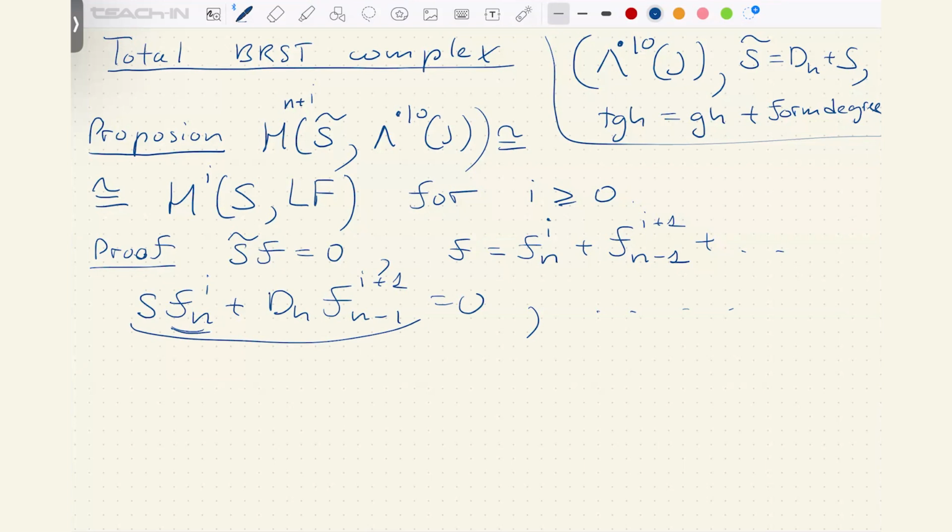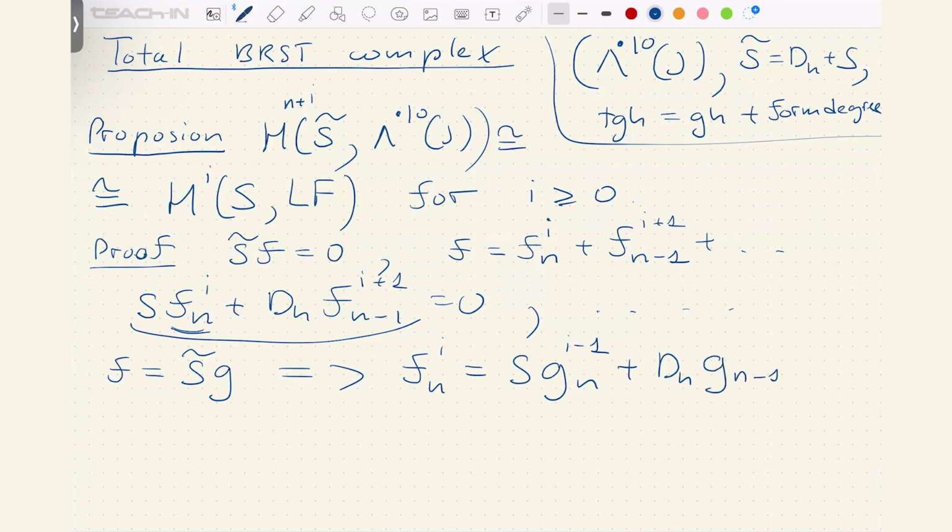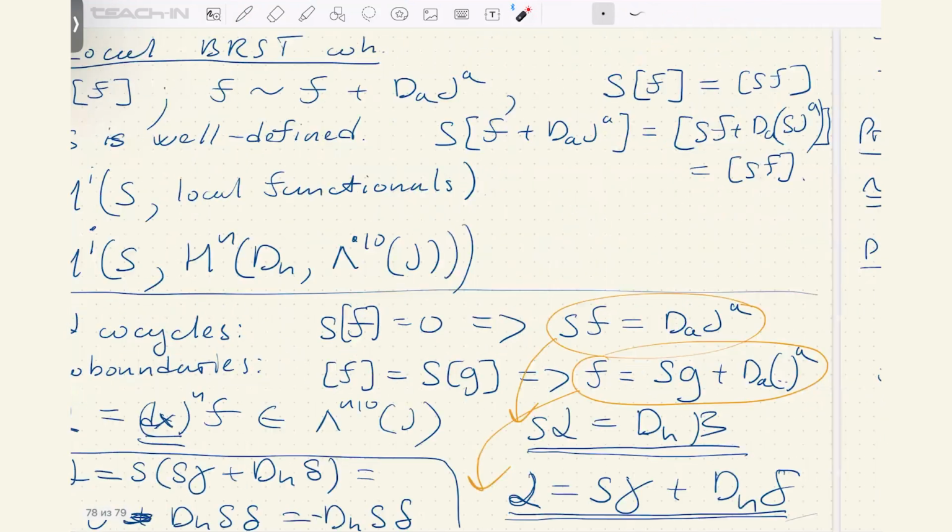Again, let's now assume that F is trivial, so it means that F is S-twiddle acting on G. Again, expanding in degree, it means that F n I is equal to S acting on G I minus 1 n plus dh acting on G n minus 1 I. It means that if f is a homologically trivial element, so it's in the image of S twiddle, it is the same as we saw before, right?